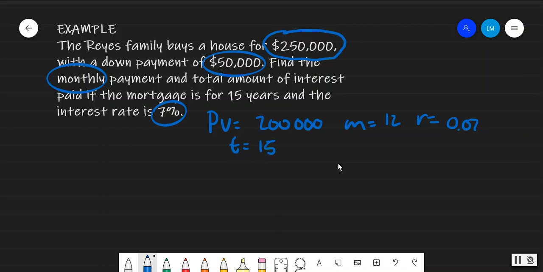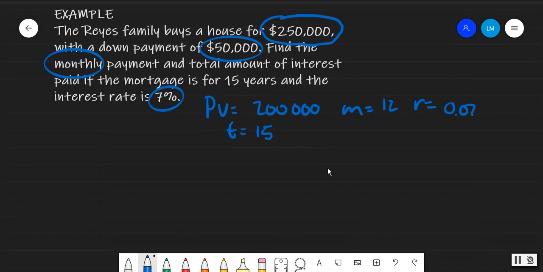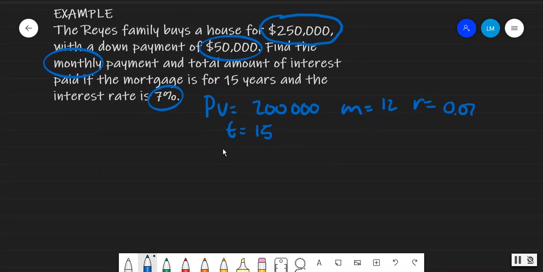You can look back at the previous example, that this is half that time. So we can expect that it might be a larger payment, but it really depends on the percentage amount.